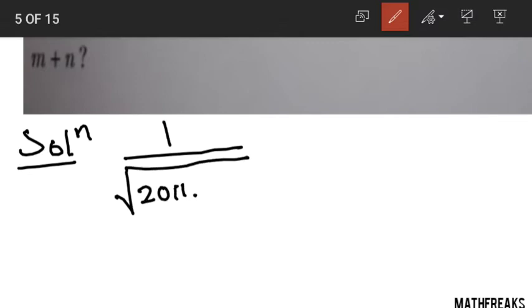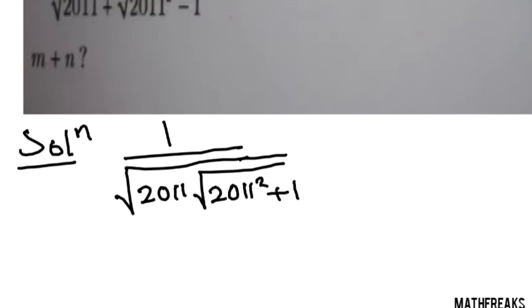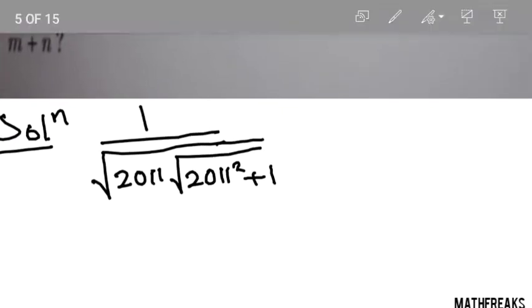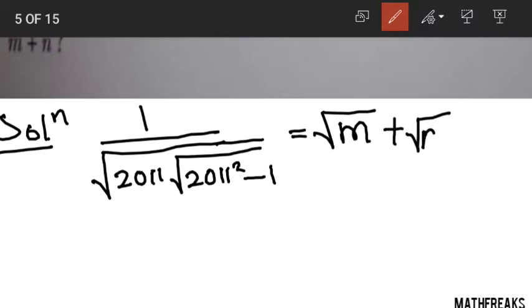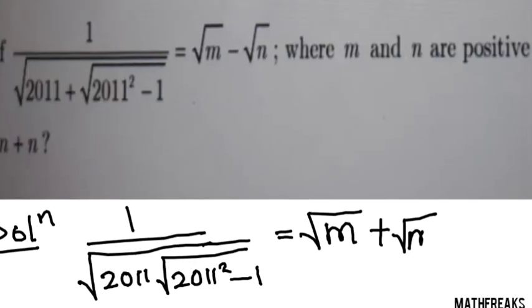The expression or the equation that has been given to us is 1 over root of 2011 plus root of (2011 whole squared minus 1). This is equals to root of m plus root of n, right?